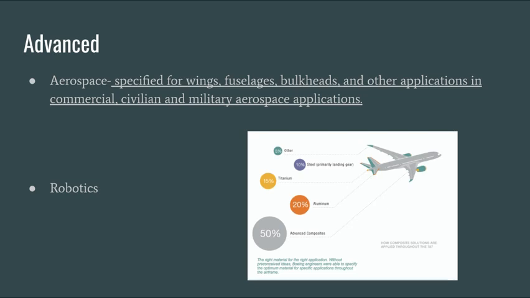Other materials that are listed on this graphic, like aluminum, titanium, and steel, are used for the rest of the plane. And then another example that we're now seeing come about is robotics. Robots are a composite because they take so many different things.